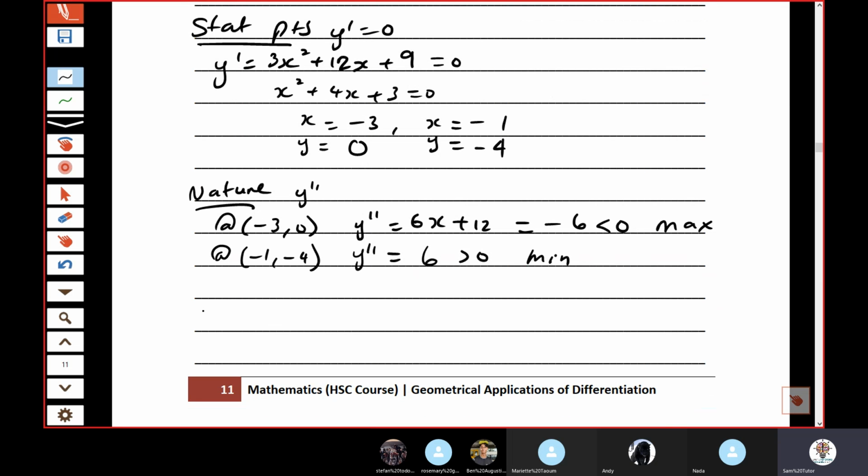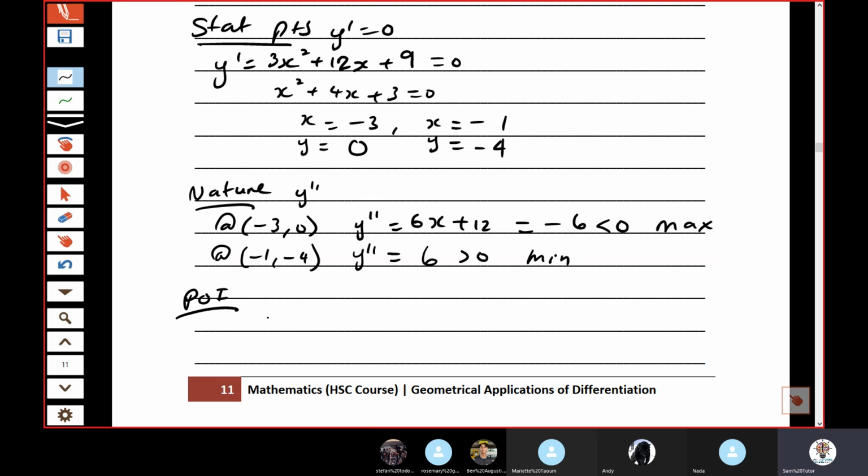And last one, POI. When does a point of inflection occur? Yep, so algebraically, stationary points was y dash equals 0.